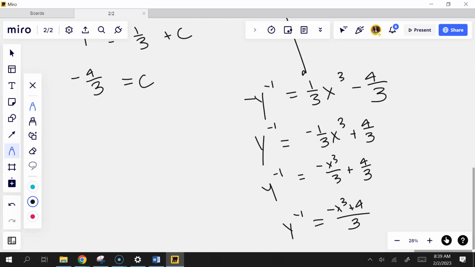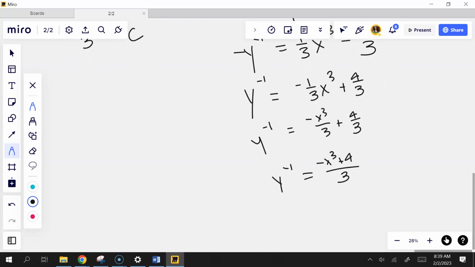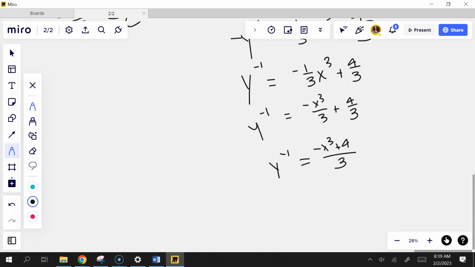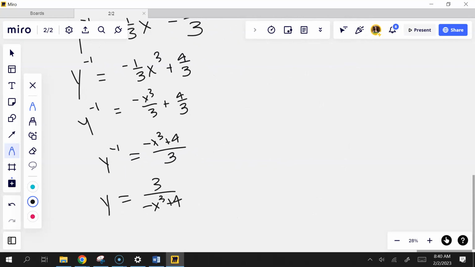You can think about it as flipping both sides. You can think about it as raising both sides to the negative 1. You can think about it as a cross multiply kind of problem, however you see it best, but you've got to get rid of that exponent there. Since there's just one fraction, I find it easier to just flip both sides. If that's hard for you to see, though, this is 1 over y.